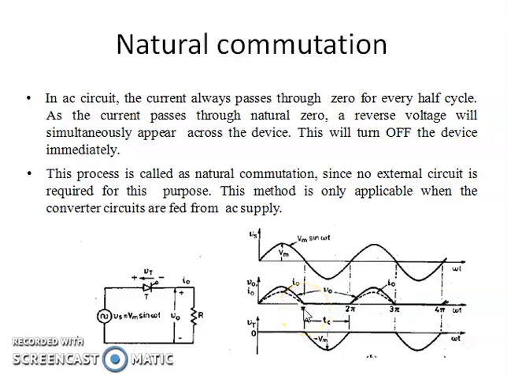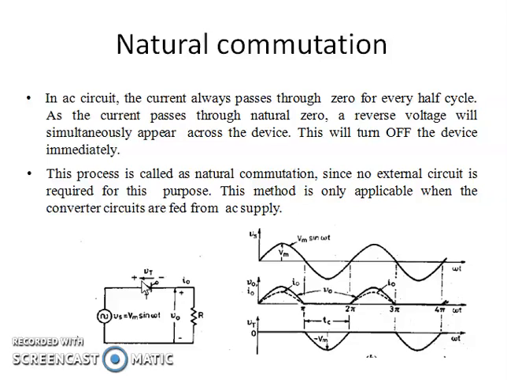Thus the thyristor turns off. So the voltage across the thyristor is equal to the source voltage. That means in this half-wave rectifier circuit, commutation happens naturally. So this type of commutation is known as natural commutation.